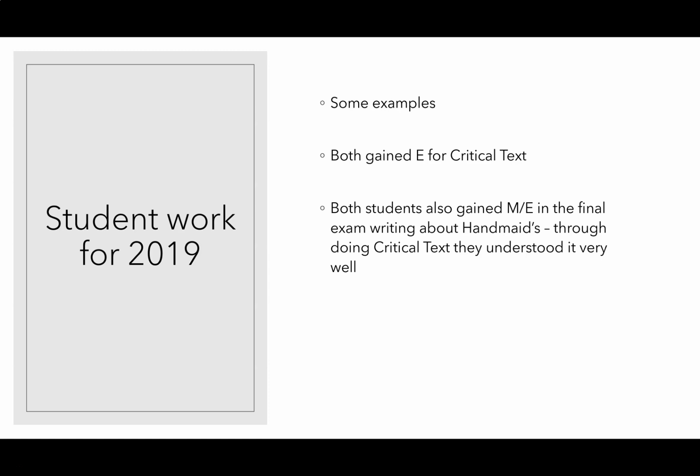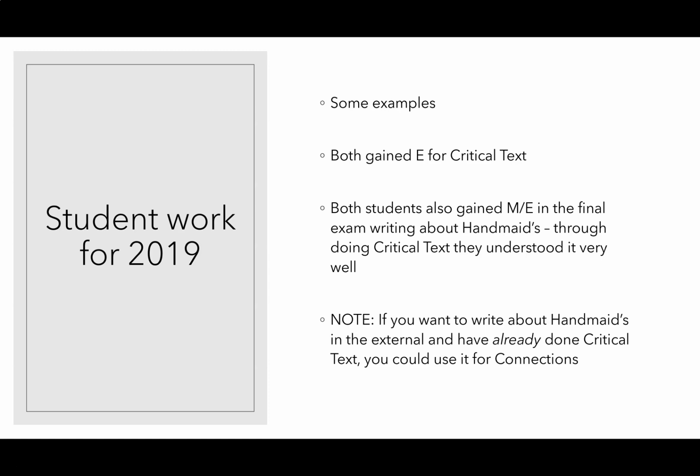So even from that point of view, it might be worthwhile. If you would like to write about The Handmaid's Tale in the external and you have already done critical text, you could also use it for connections, which I'll talk about in a separate video, so that's an option for you.